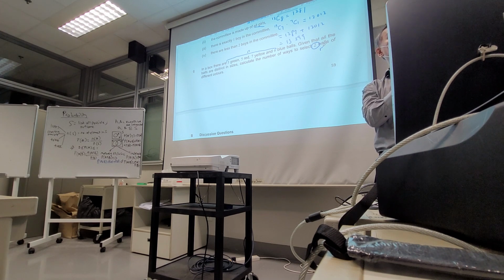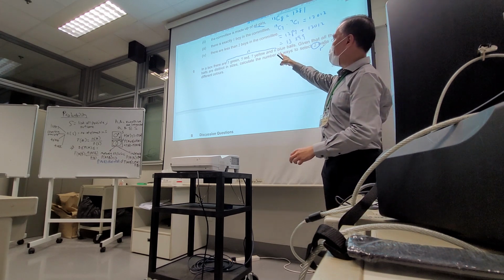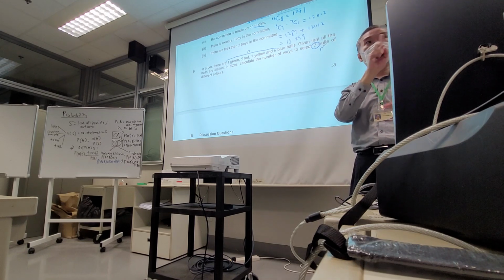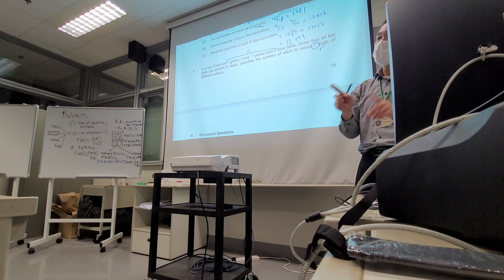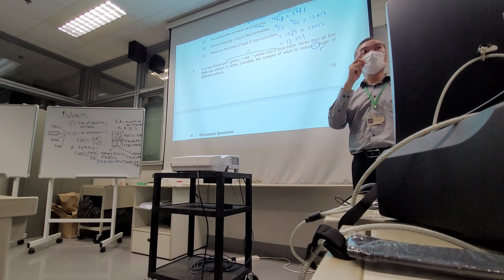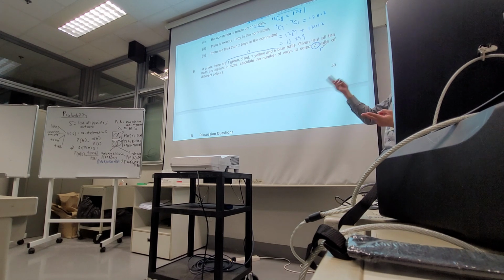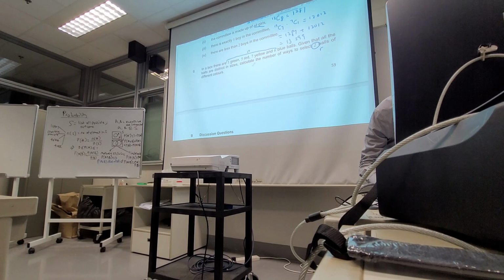So I cannot take 8 plus 7 is 15, 15 plus 6 is 23, and take 23 choose 2. If I do, I will possibly have 2 green or 2 red or 2 yellow or 2 blue, which I don't want. I want to make sure that these 2 balls I pick must be different colors. You got it?